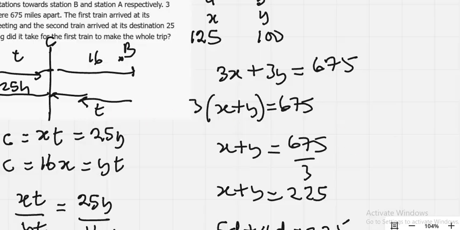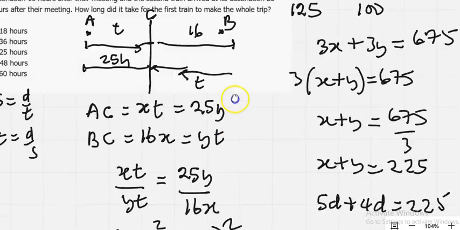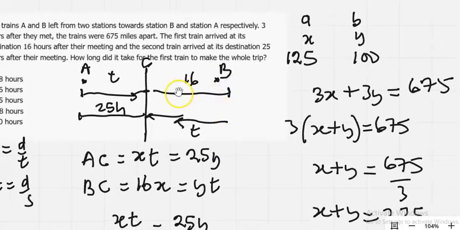So, we can now go ahead to calculate the time it takes A to cover the trip. We know that it took A 16 hours to travel from C to B, which is part of the distance AB. So the distance CB will be 16 times 125.